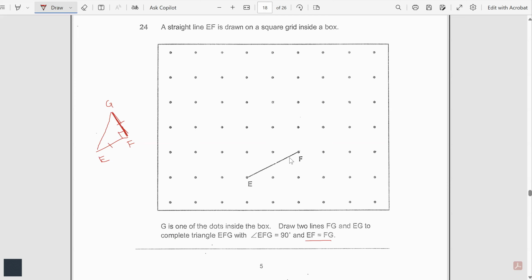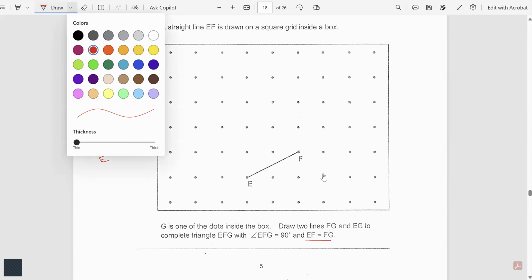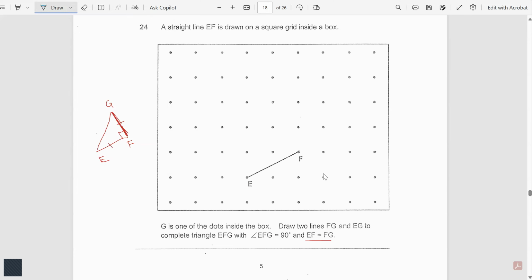Of course, use your ruler. Can't use my ruler here, but it's supposed to be straight lines. So okay, let's do the 90 degrees. How do you draw 90 degrees? If you have diagonals here, it's slightly harder. Let me show you. Imagine the diagonal cuts across two squares like that.